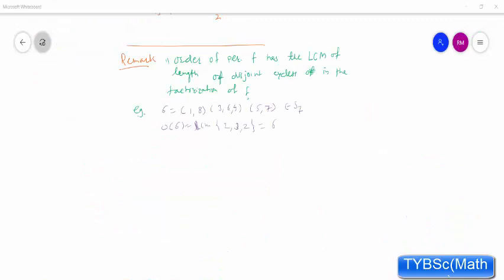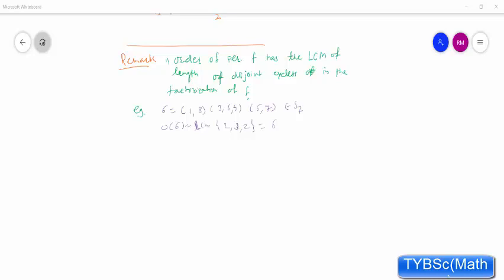Now we take one important remark about the order of a permutation. The order of a permutation f is the LCM of the lengths of the disjoint cycles in the decomposition of f. Suppose sigma is a permutation, instead of f here we use sigma notation, that is represented as a product of disjoint cycles. It contains 3 cycles.